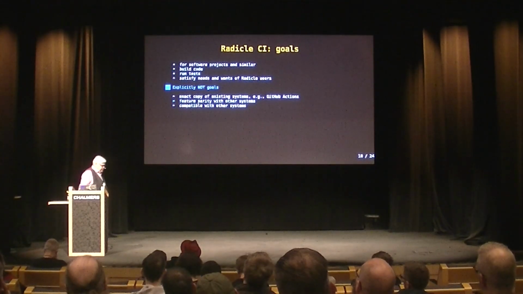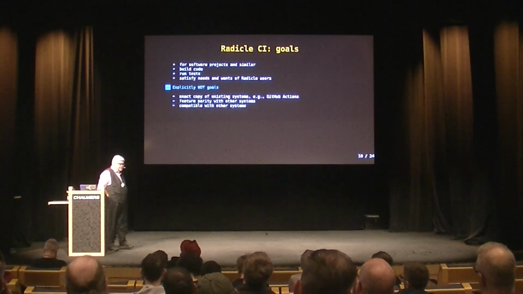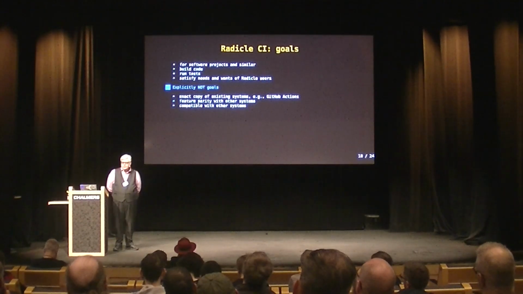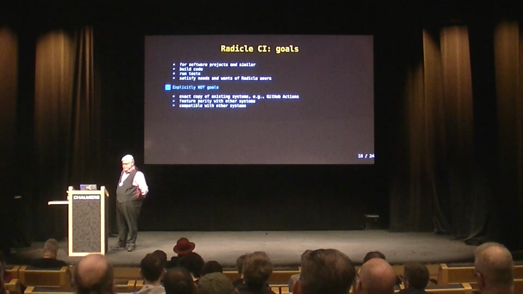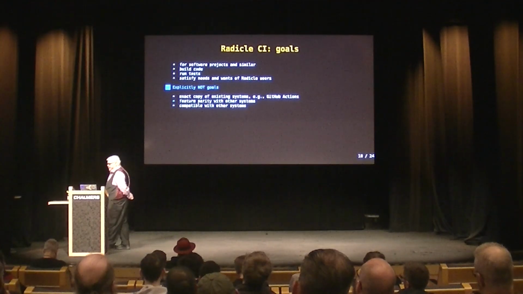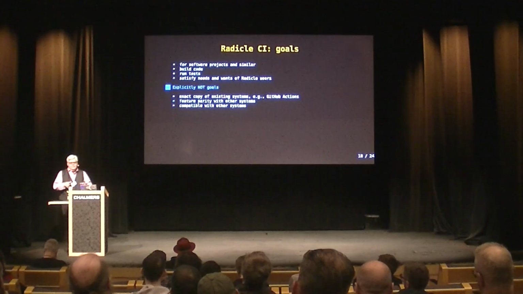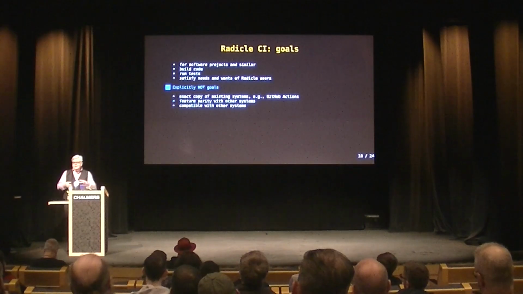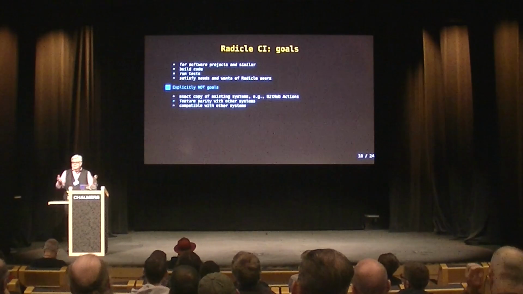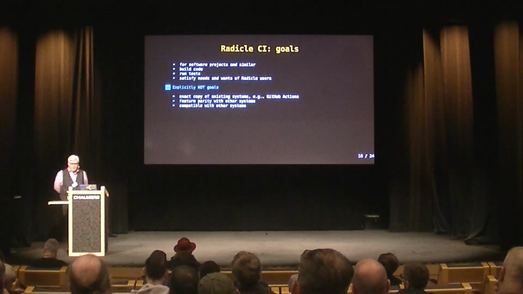The specific goal for Radicle CI is to support software development on Radicle. It also works for any other use of CI that fits in the same shape, so there's some source files and you do some automated processing and you might produce some output files and there might be some tests and stuff to run and it all works.